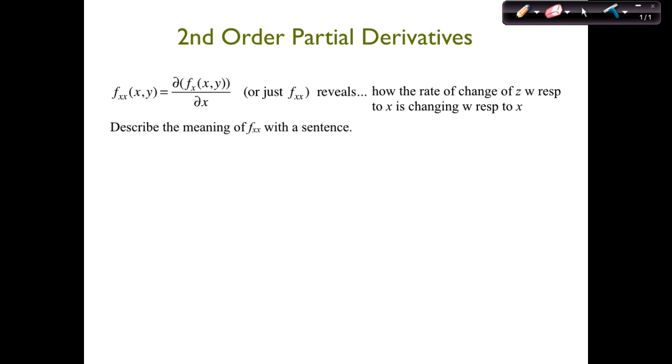So now we want to describe that with a sentence. How can we describe that? Practicing what we've learned now, thinking of the second partial derivative as just a derivative of some quantity, or the rate of change of some quantity. We know what a rate of change means. What does it mean?